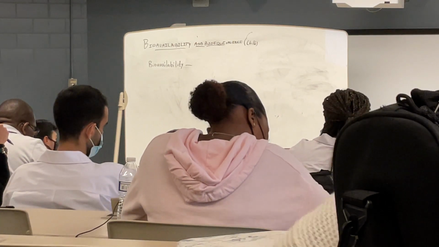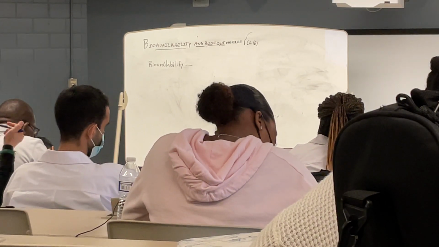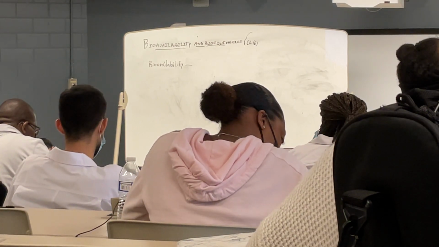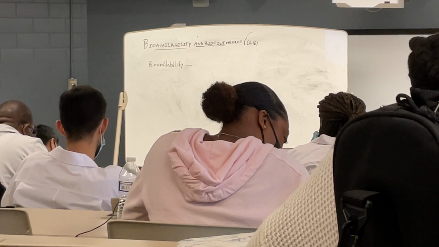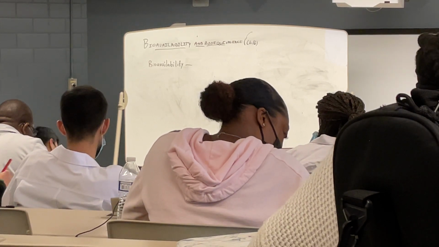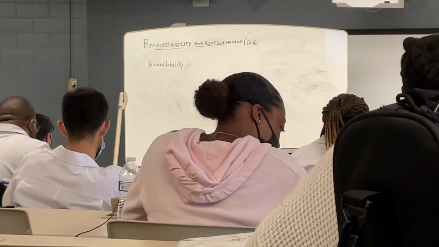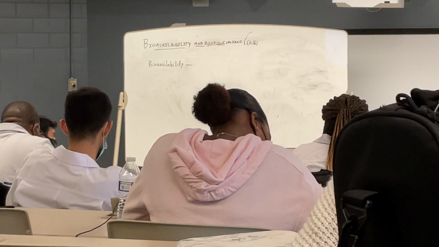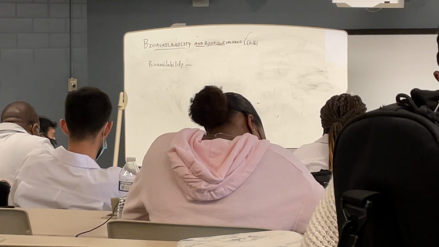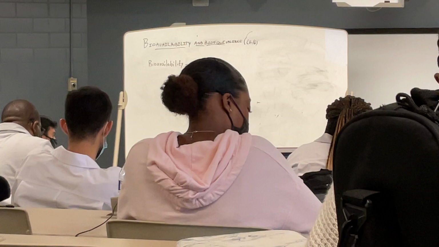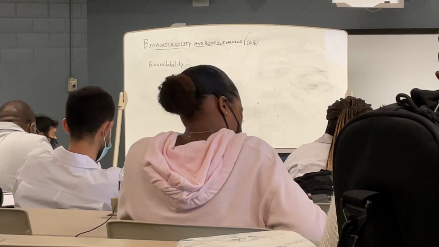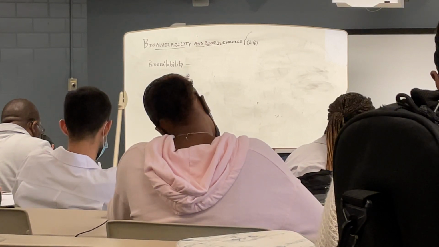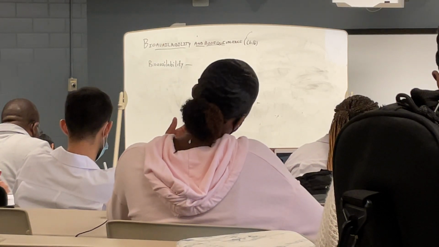So it's a measurement of the rate. We talked about rate before. That's how fast it's getting into the bloodstream. And it's also a measurement of the extent of therapeutically active drug. The extent has to do with how much. So when we talk about bioavailability, we're talking about how fast and how much drug actually reaches the systemic circulation.